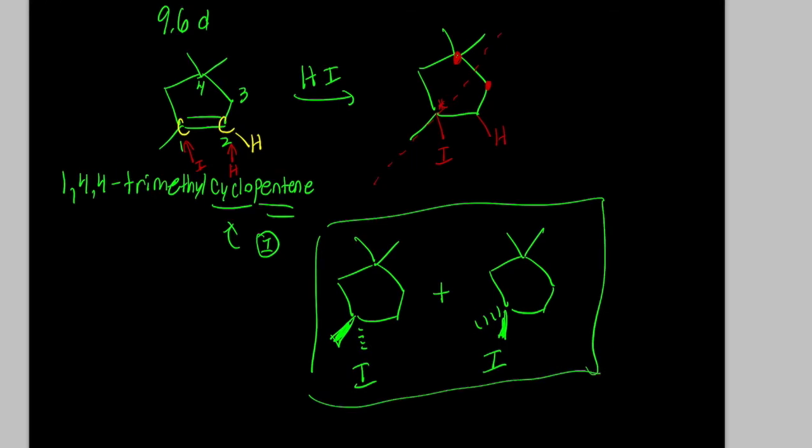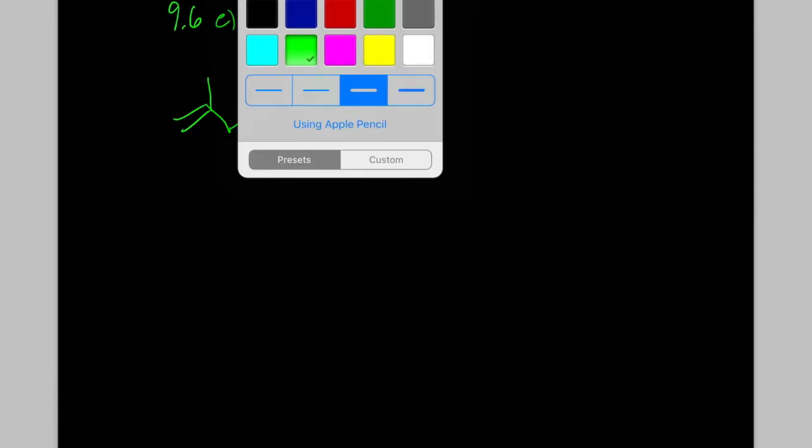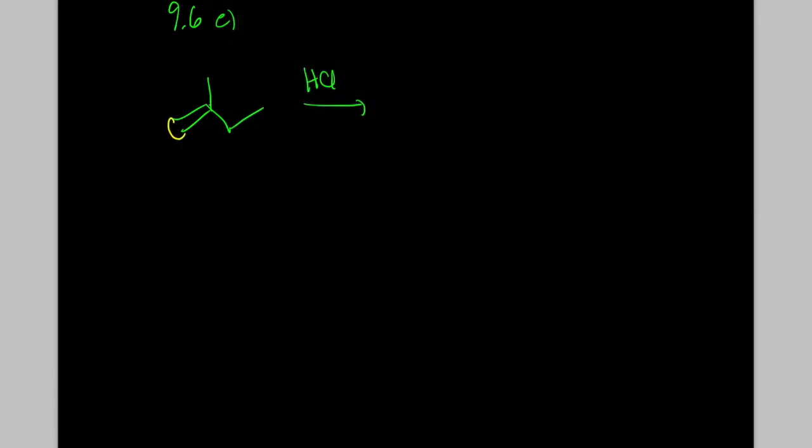Let's do 9.6e. Okay, we've got this molecule here, HCl. So follow my procedure again. Draw the C's, draw the H's. Carefully consider where your hydrogen's going to go, where your halogen's going to go. Draw only the single bonds out.